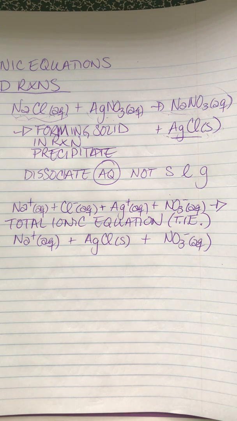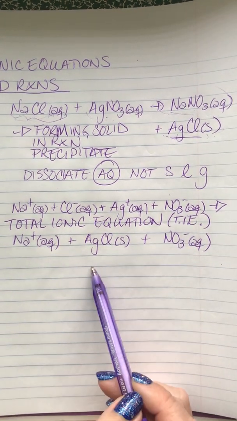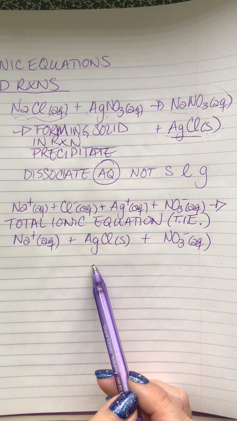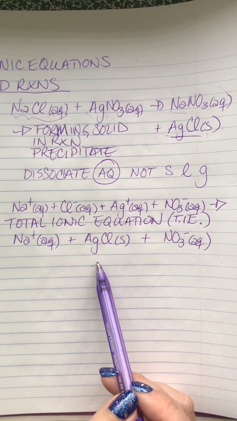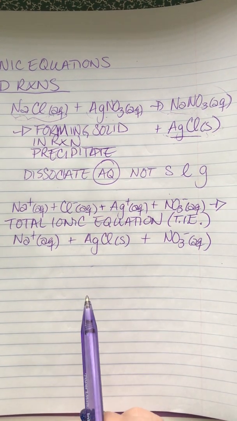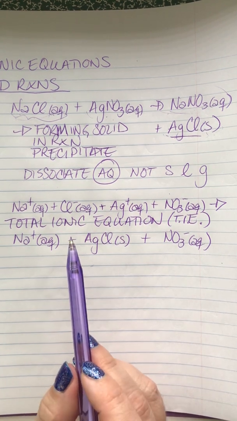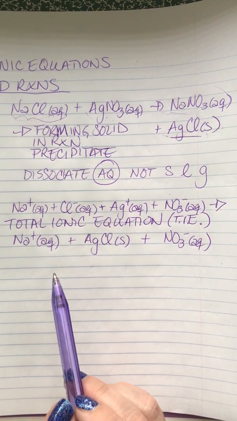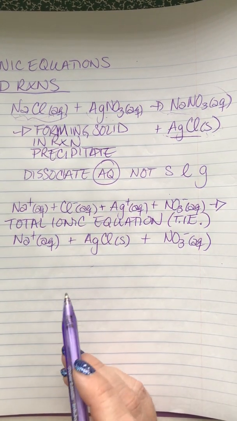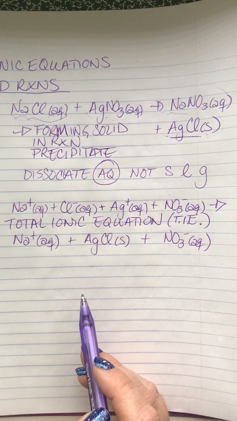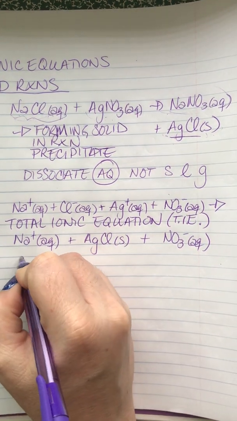Now, what we want to do once we have the total ionic equation, or the TIE, is get rid of any ions that are on both sides of the reaction arrow. Any ions that are on both sides of the reaction arrow means that they're not involved in the chemical reaction, aka they are spectators.